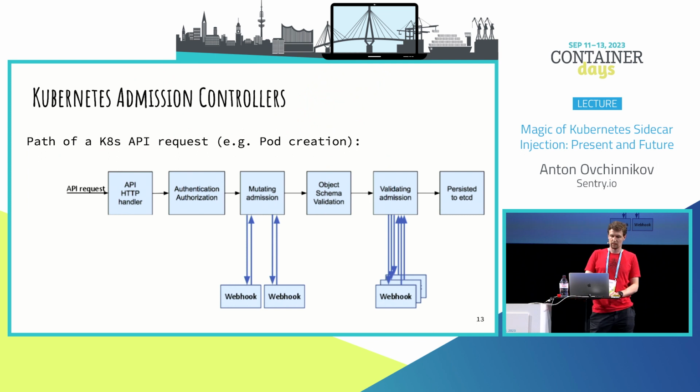When a request, and for us it's most important to consider creation, like create, update, or delete kind of requests, so for any of those requests, processing on the Kubernetes server side happens in stages, right? So the important ones are displayed here. And we are mostly interested in these two, in mutating and validating admission webhook controllers, not yet webhooks.